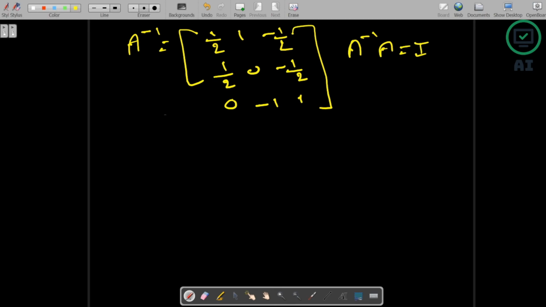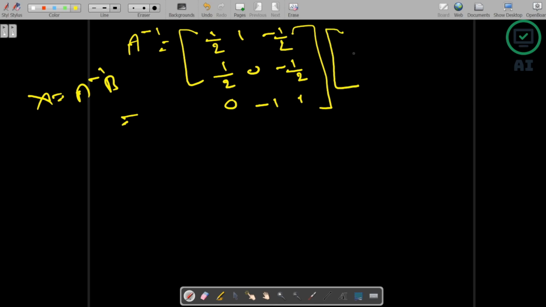Now we have to calculate x equal to A inverse B. So A inverse we got here, and B is nothing but 3 0 1. So multiply this one.